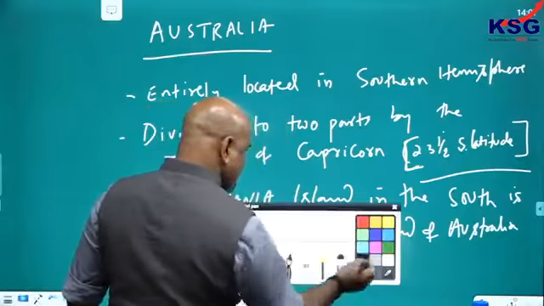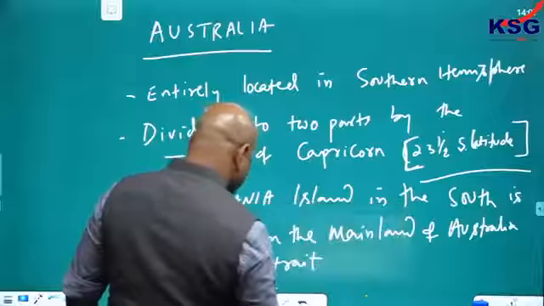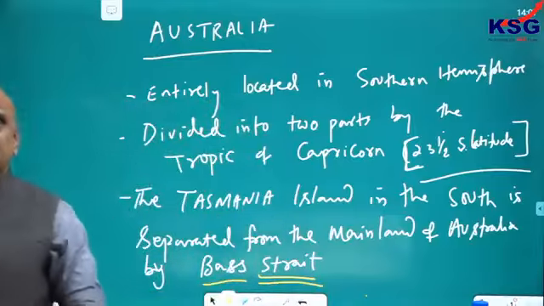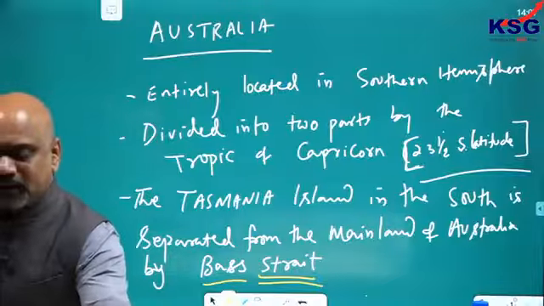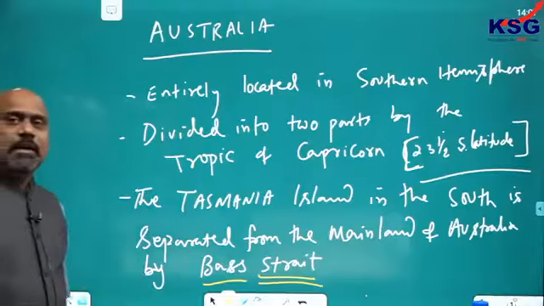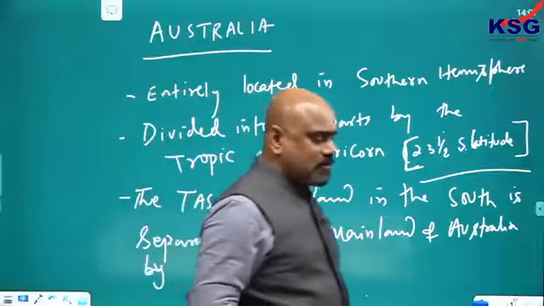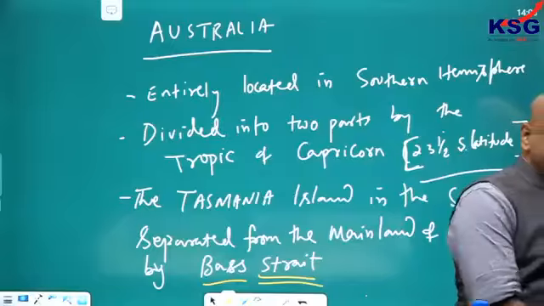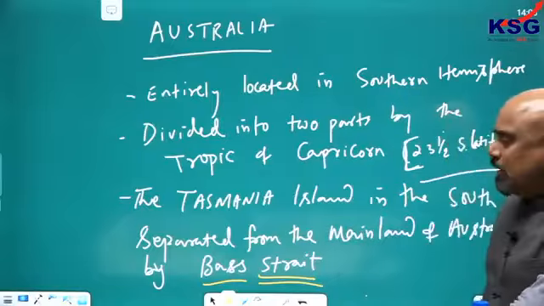My friends, Bass Strait means a narrow water body which separates two continents or two major landmasses. A narrow water body which separates two major landmasses is called a strait.